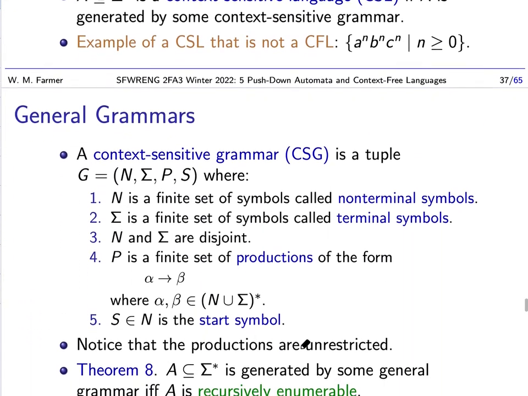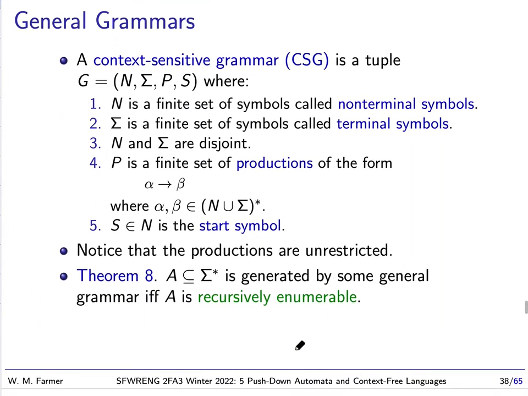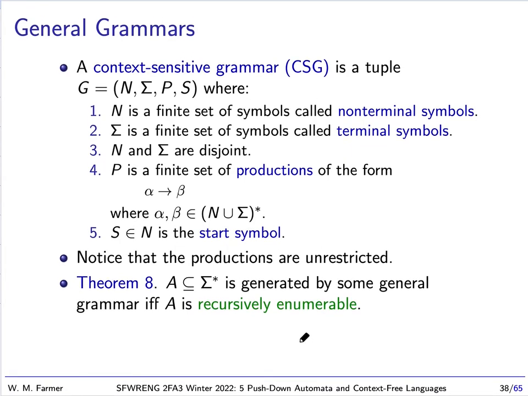Okay, we have one more kind of grammar to look at. This is called a general grammar. It's like a context-free or context-sensitive grammar, except the productions here are completely general. We can go from any string of non-terminals and terminals to any string of non-terminals and terminals.